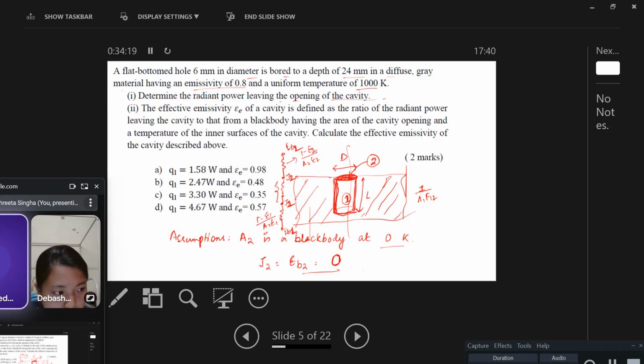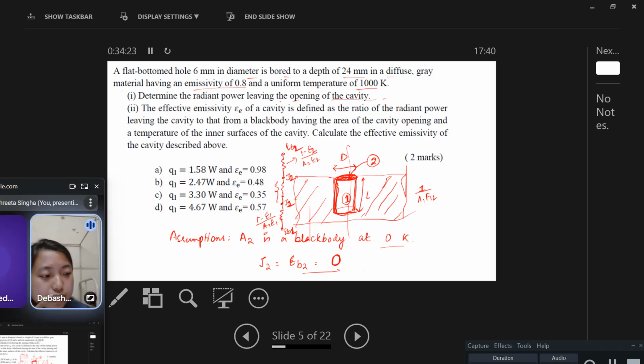Option 1. Okay, yes, it is option 1. We'll calculate the second part also. The effective emissivity epsilon E of a cavity is defined as the ratio of the radiant power leaving the cavity to that from a black body having the area of the cavity opening and temperature.